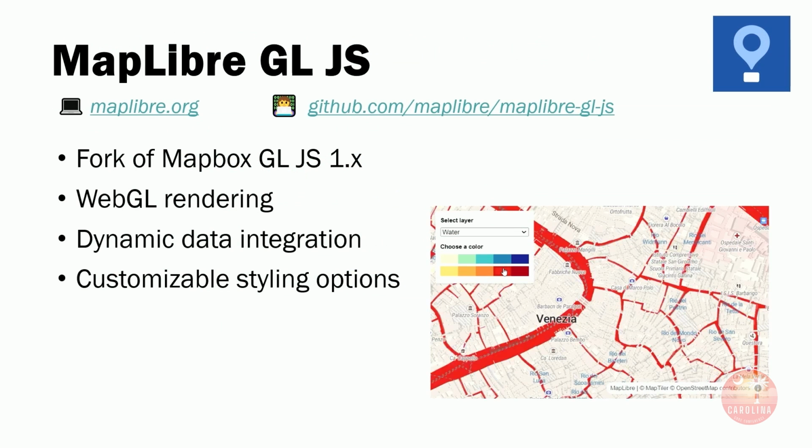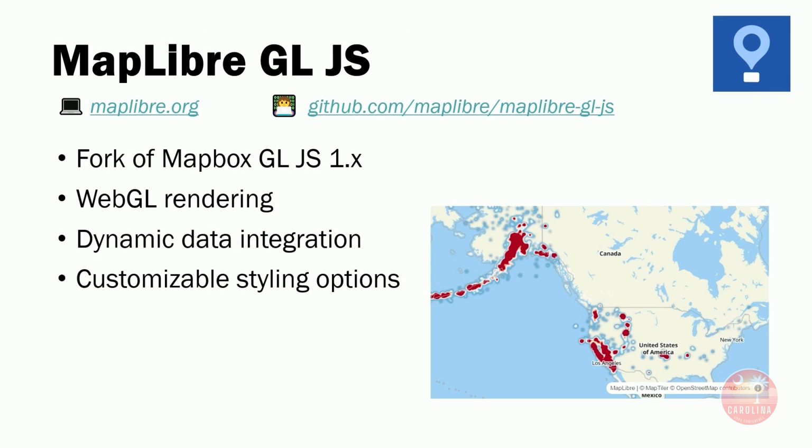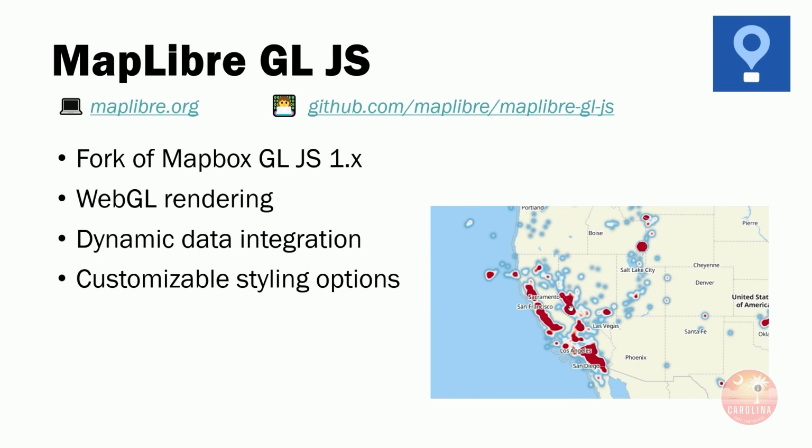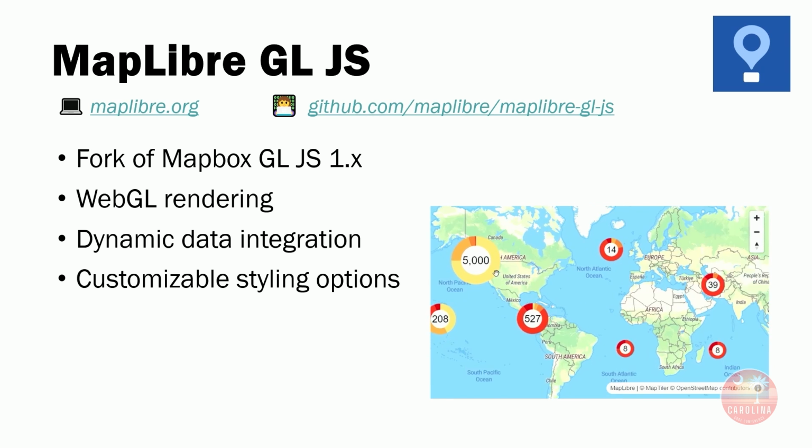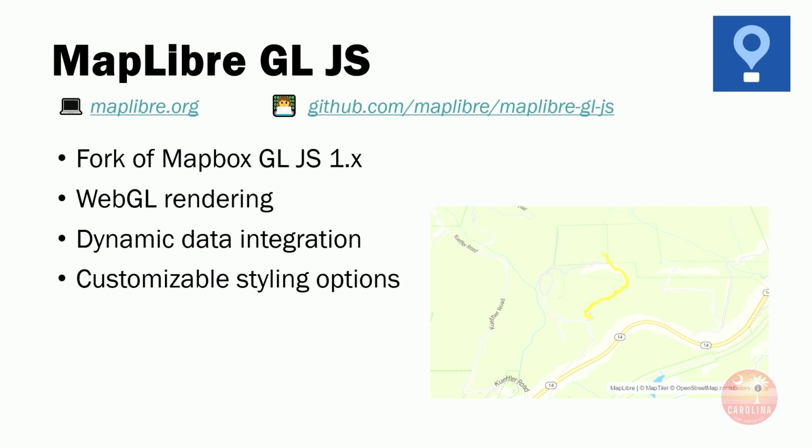All right, let's get into MapLibre. So MapLibre GL JS, and by the way, I make that distinction because MapLibre also has a native library for mobile. It is a fork of Mapbox 1.x. Back when Mapbox went closed source, developers said, hey, we want to keep an open source version of this. So they created MapLibre.